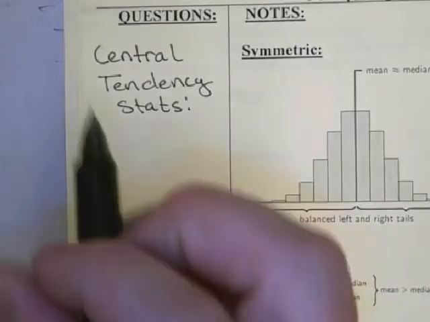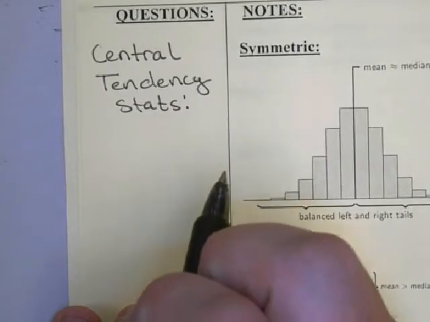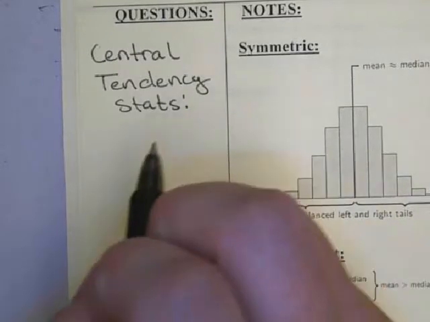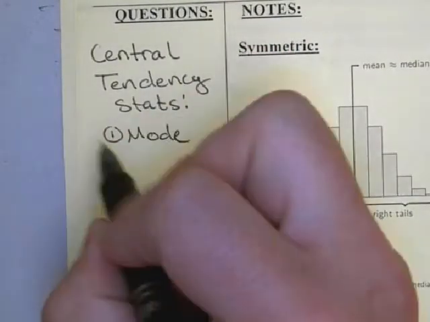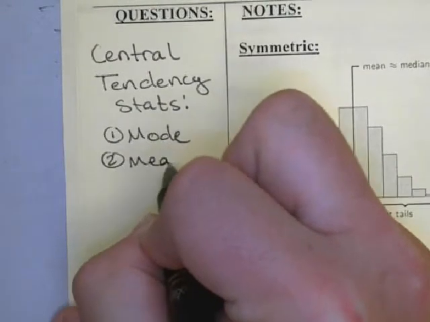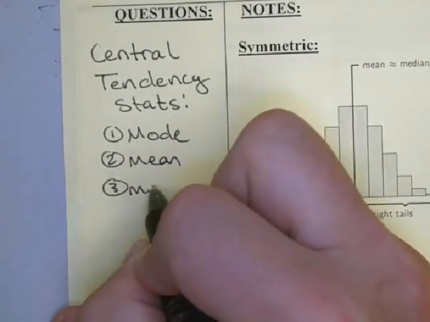And those are our three main ones from our last chapter, which would be mode, mean, and median.